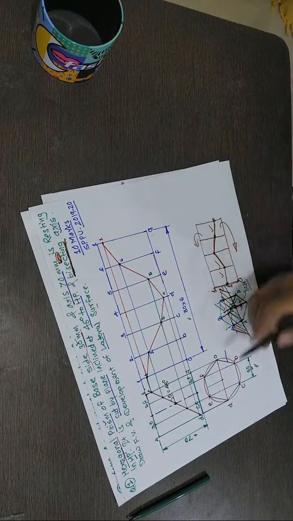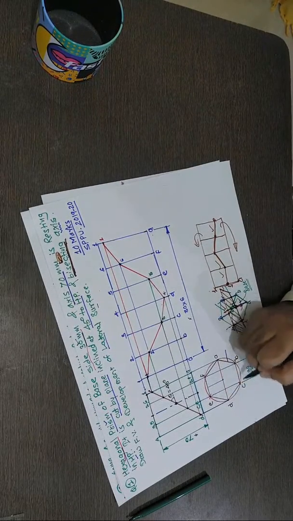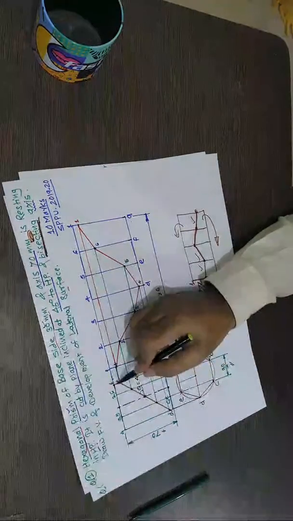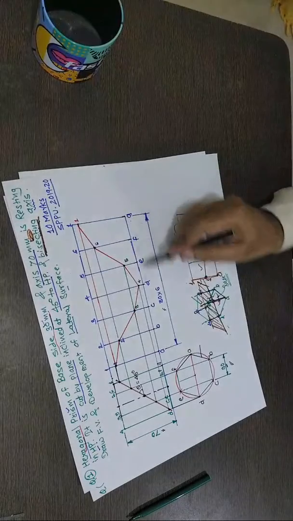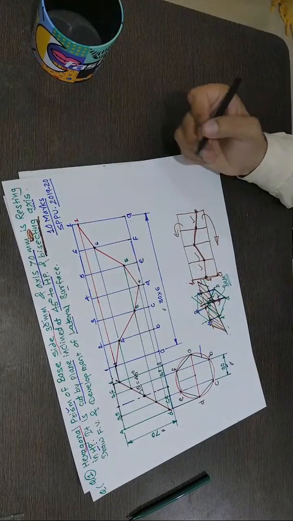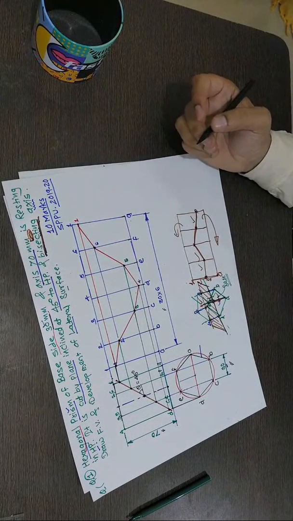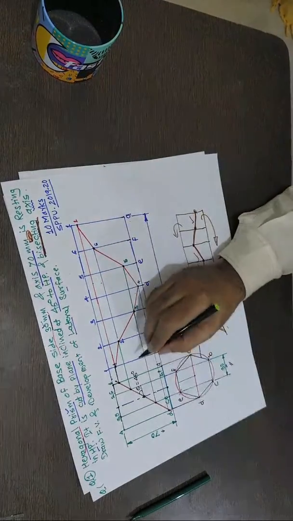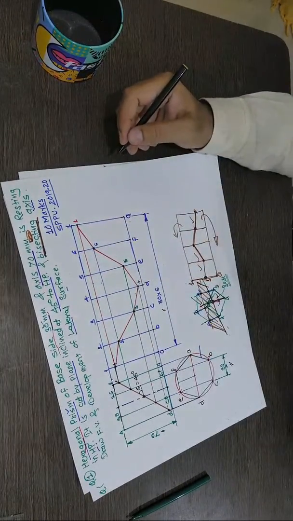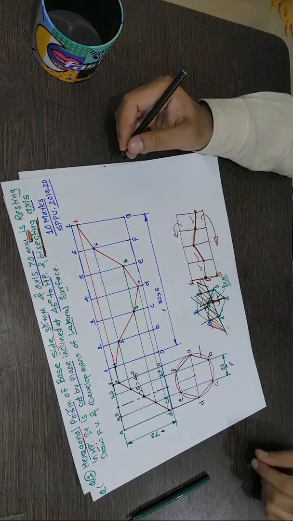In exam, only this hexagon, which is black color that I have drawn in the top view, this surface and this part red, and this bottom face should be a little bit more dark. That indicates good line work. These projection lines should be lightly drawn, very thin and faint.